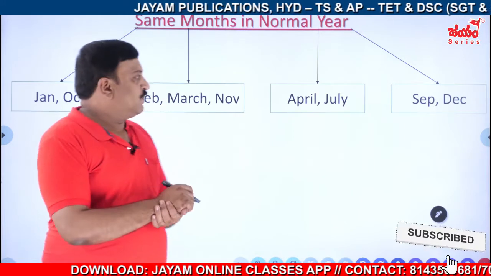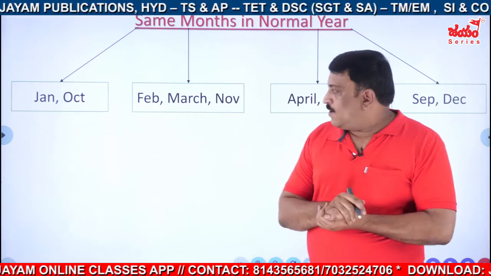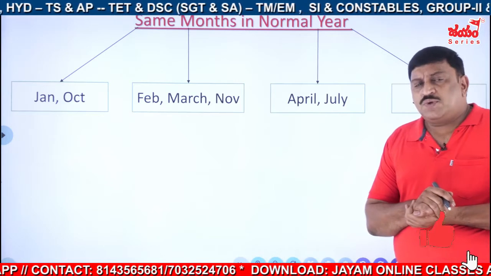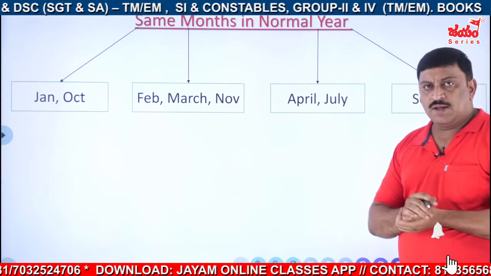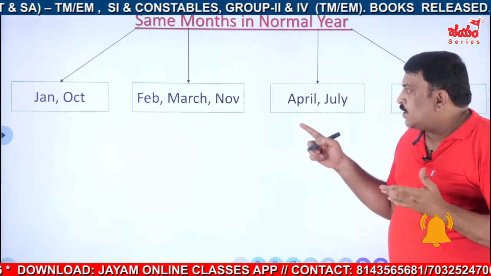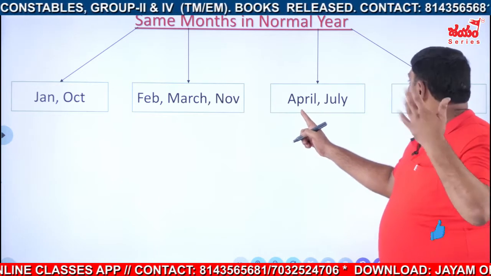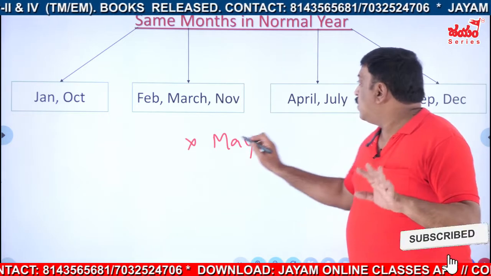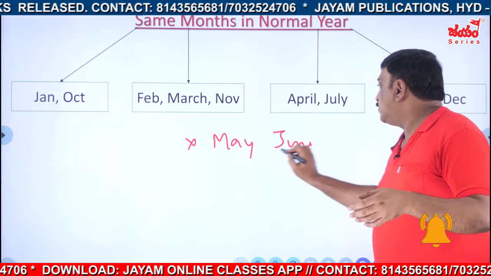September pairs with December. If you observe in this same calendar, a little bit more cautiously, which are the ones which are not combined? There is no combination here. You see, Jan, February, March, April, May, no May, June, no June.